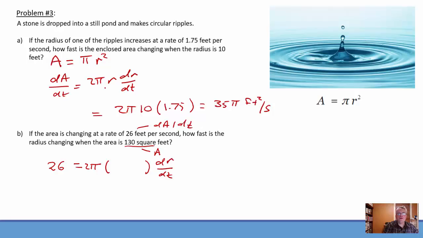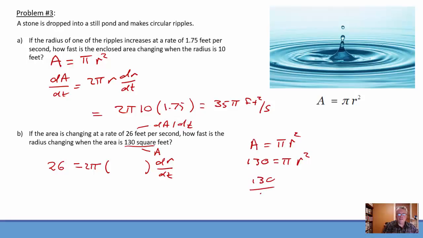Okay, so I substituted what we knew into this formula here. Sometimes in related rates problems, as you're substituting into the formula, you come to something that you're going to have to solve for. For instance, we need to know r, but they gave us A. That's okay. If we know A, we can figure out r. A is pi r squared. So if A is 130, then we get 130 equals pi r squared.